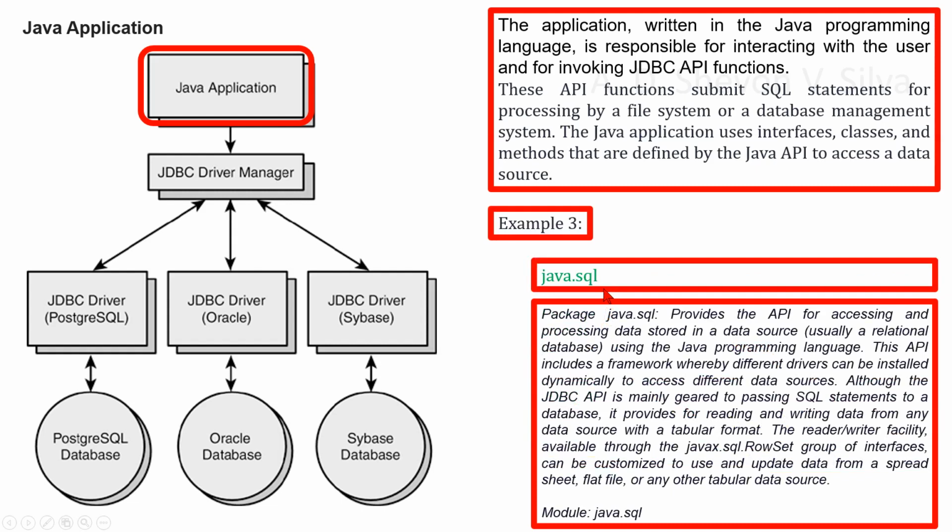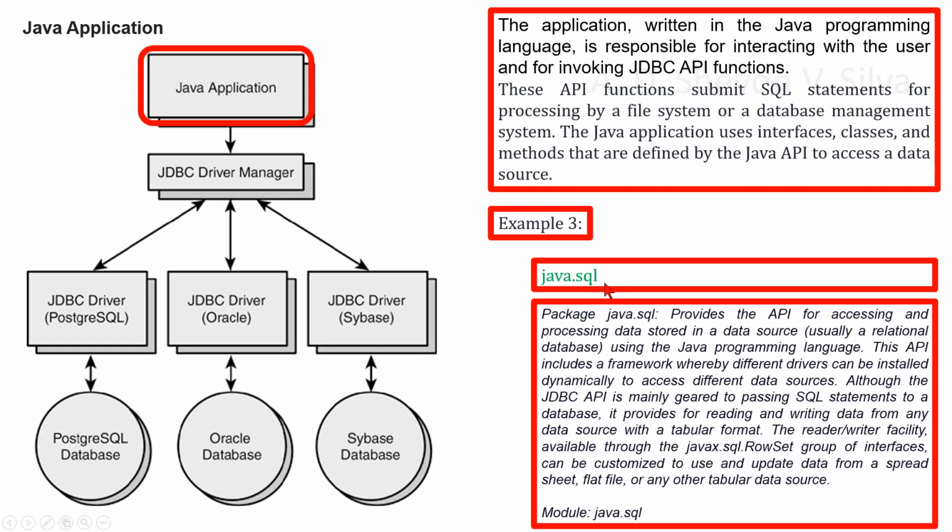As an example 3, we can consider the package java.sql. It provides the API for accessing and processing data stored in a data source, usually a relational database, using the Java programming language. This API includes a framework whereby different drivers can be installed dynamically to access different data sources.